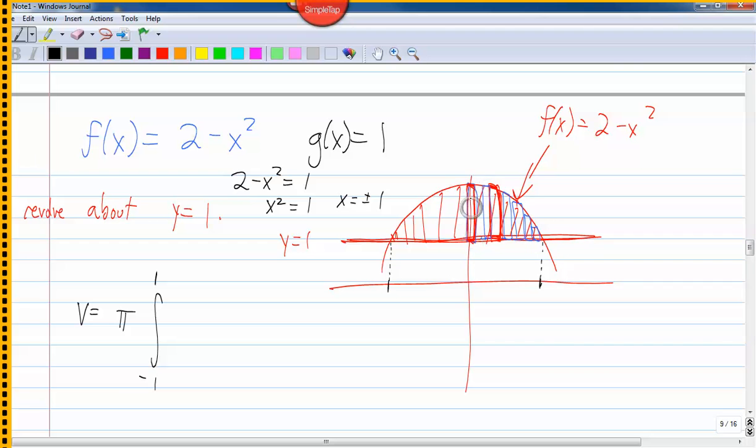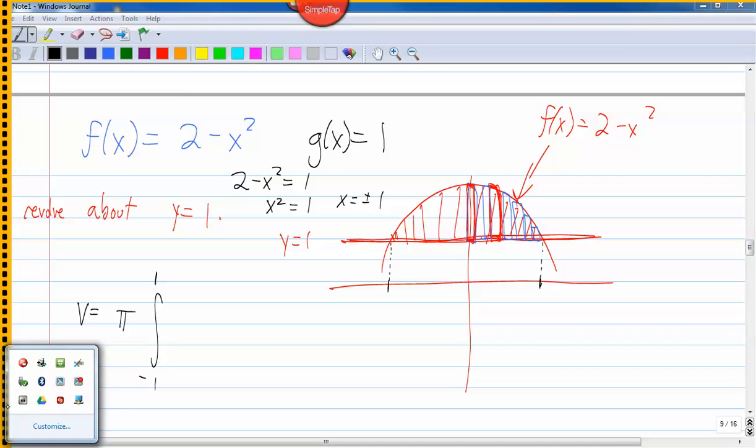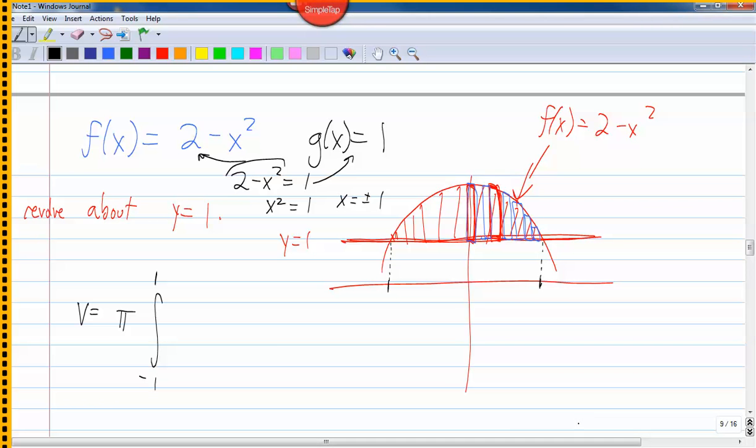Alright. How do we get the height of each, or the radius of each disk? Top minus bottom. So top curve minus bottom curve gives us the radius.